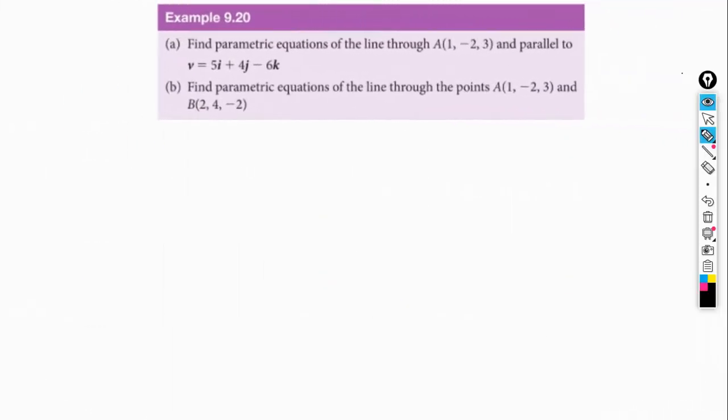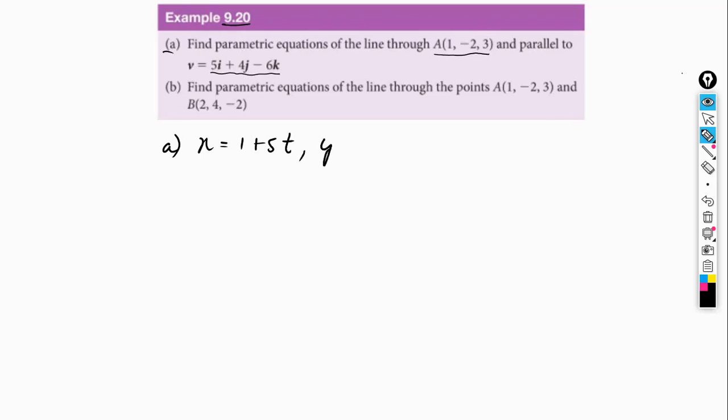So now let's take a look at example 9.20. Part A says, find parametric equations of the line through A, 1, negative 2, 3, and parallel to v, which is 5i plus 4j minus 6k. So that would simply be x is equal to 1, which is our x sub 0, plus 5t, where 5 is the x component of vector v.